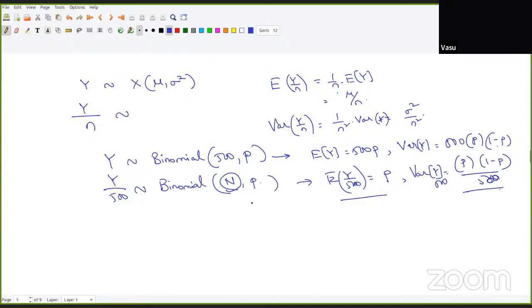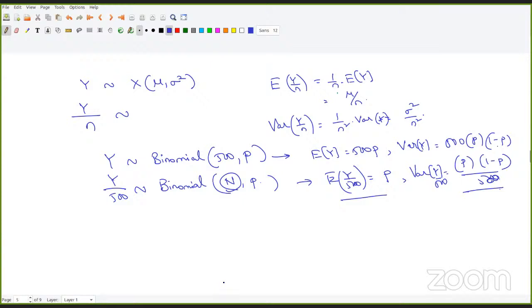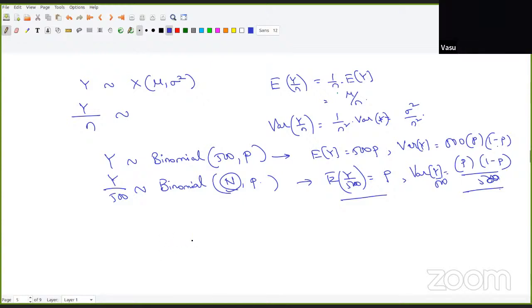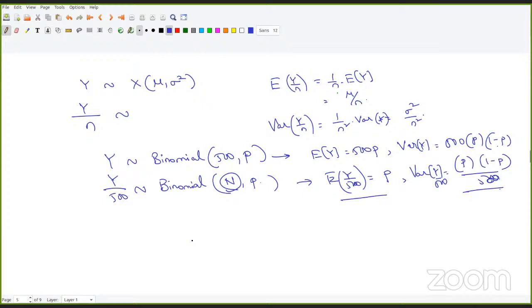Y by 500 will be binomial 500 comma p by 500.